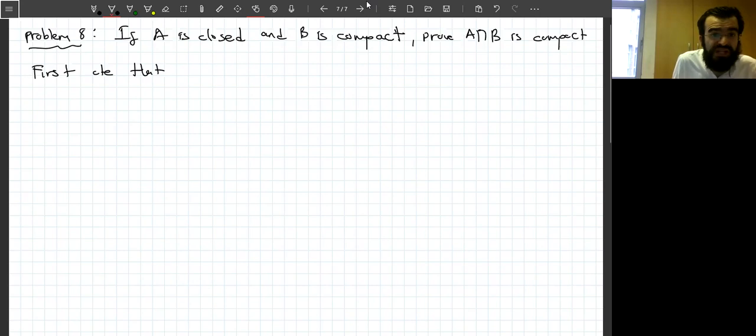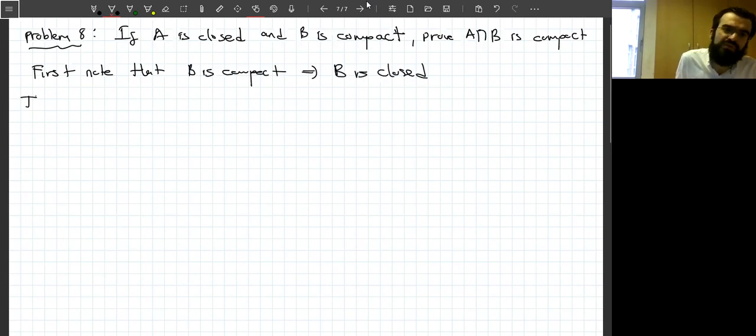if B is compact, then it is closed. B is compact implies B is closed. Therefore A intersection B is closed.